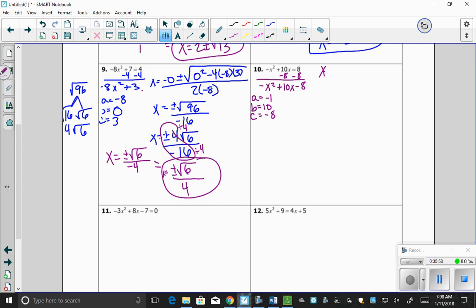X equals the opposite of B plus or minus the square root of B squared minus 4 times negative 1 times negative 8, all over 2A.